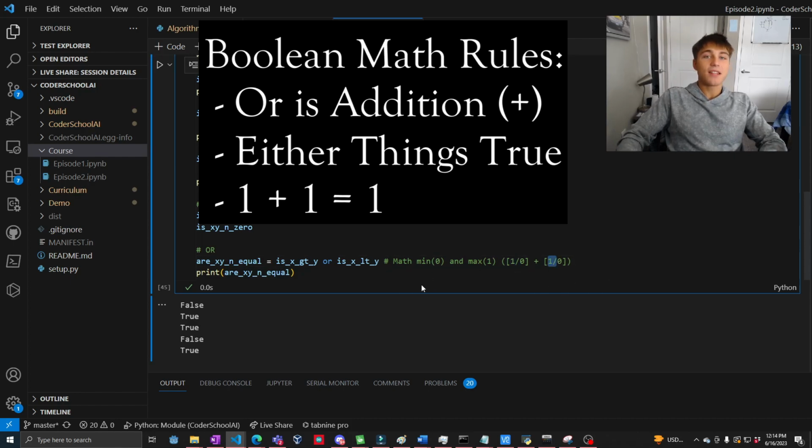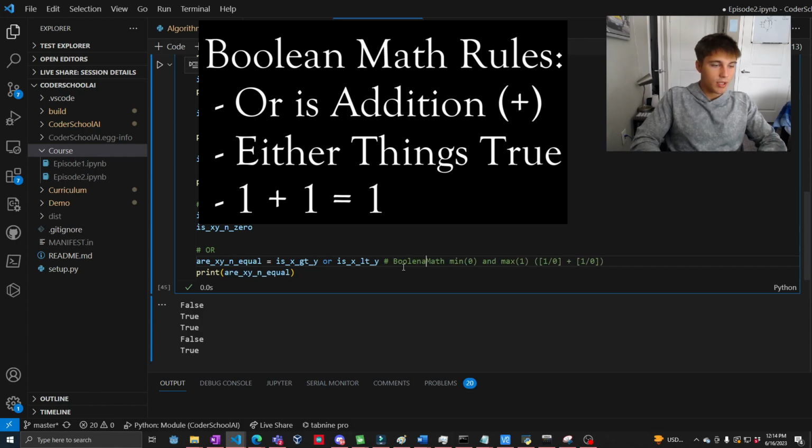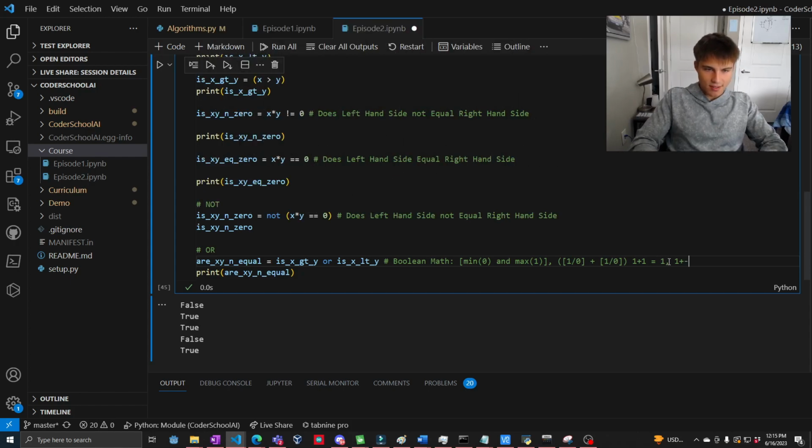Well, in Boolean math, we have a min equal to 0 and a max equal to 1, which means that if we have some value plus another value, like let's say 1 plus 1, that's going to equal 1. And if we have 1 plus 0, that's also going to equal 1.